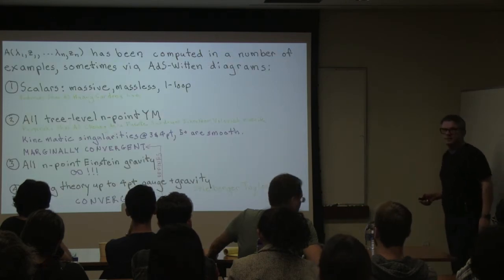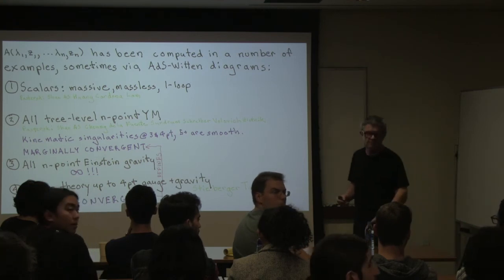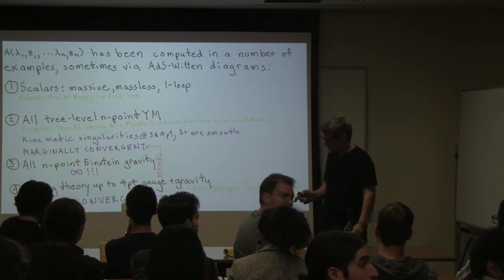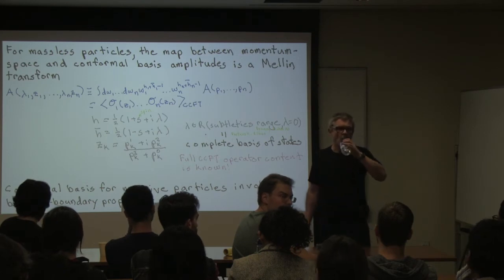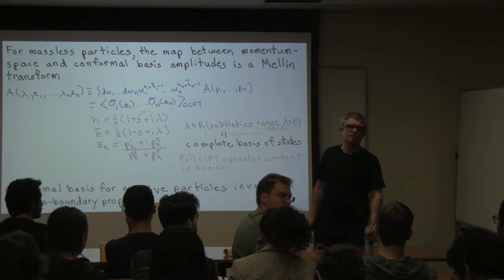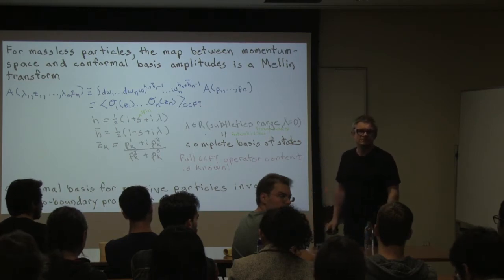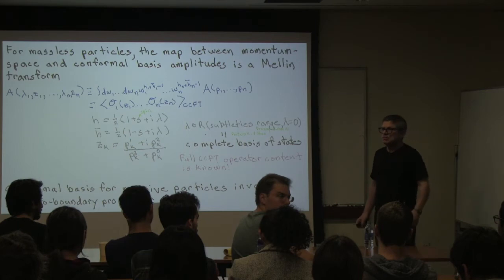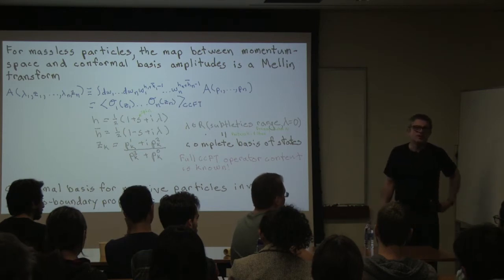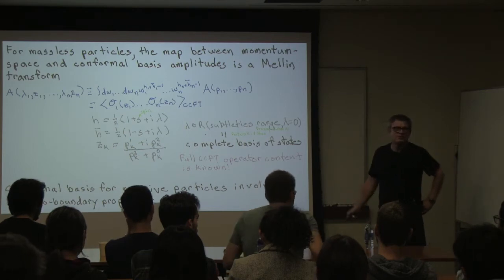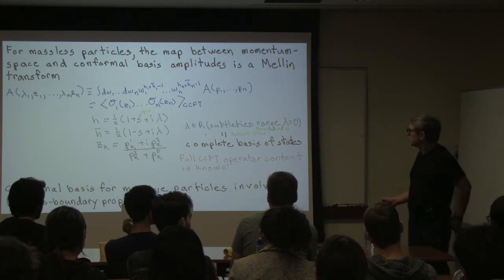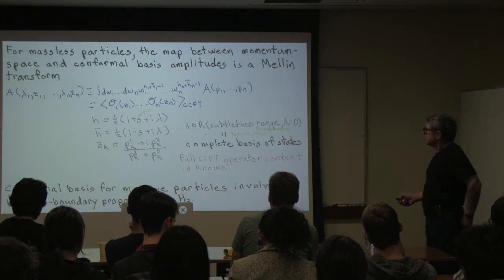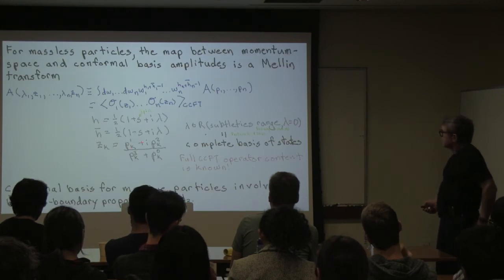Quick question, Andy. Going back to the Mellin transform, there are some choices in defining the z's and things like that. Are there interesting symmetries that relate different choices? Well, z is a coordinate on the celestial sphere, and the momenta are parametrized in a very specific way here, which is presumably a convention.